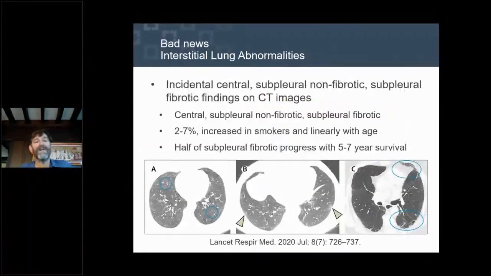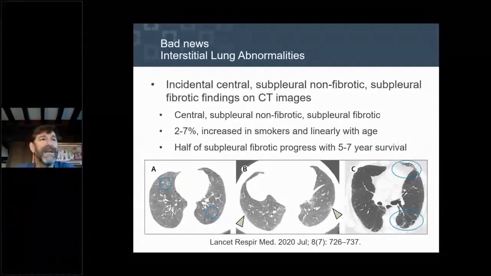Now some not so bad news, not so good news. You may have heard of something called interstitial lung abnormalities. And what the heck is that? Basically, because of cardiac screening for calcium scores and nodule screening for cancer, we're doing a lot more chest CTs. And what we're finding are these little interstitial abnormalities. It's not enough to be IPF.